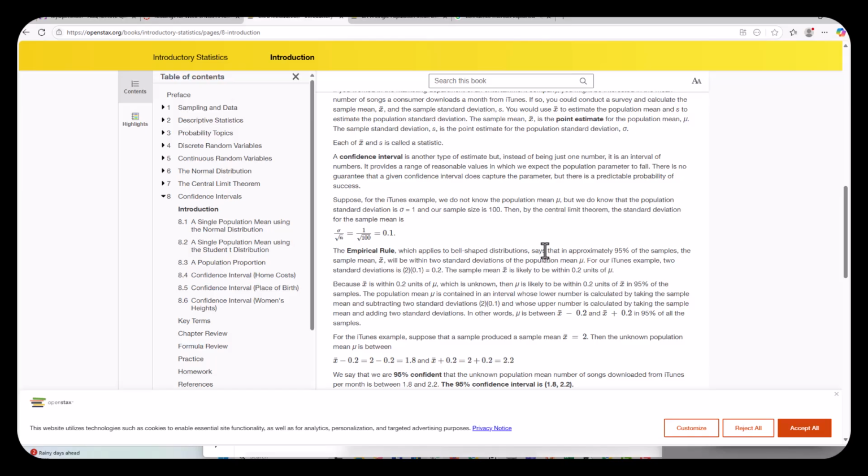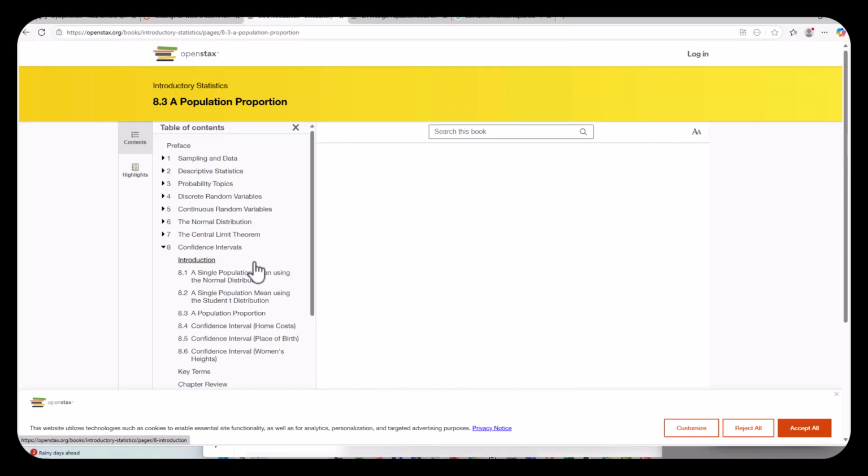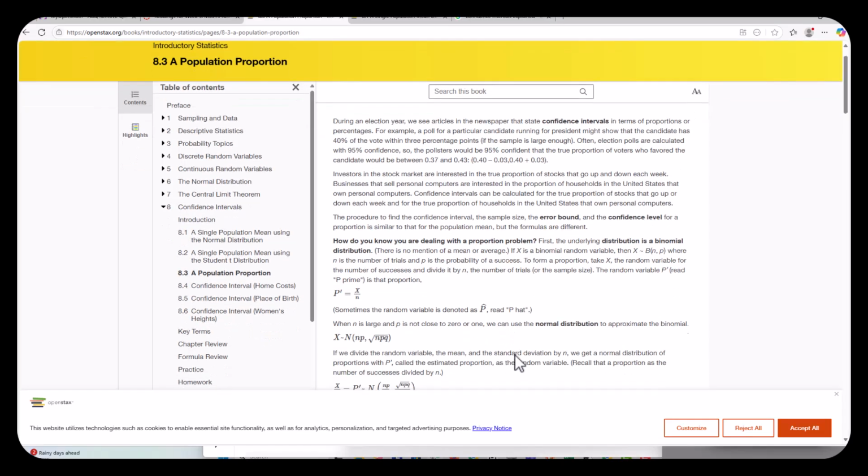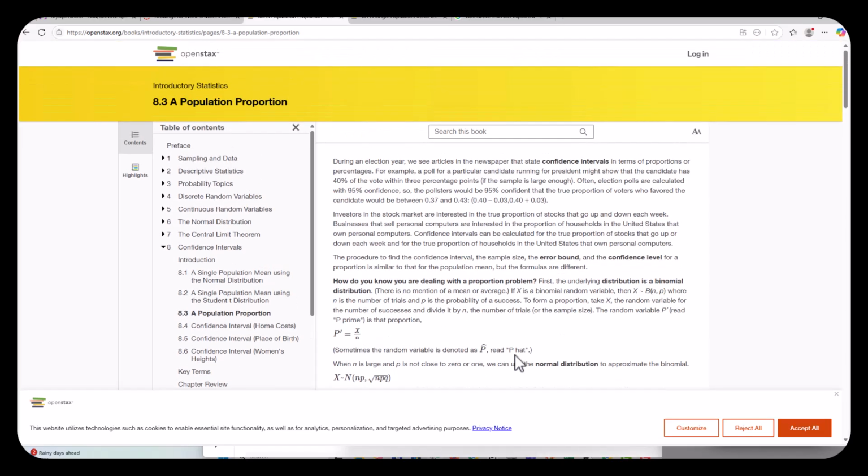This book uses p prime, but we'll mostly be using p hat, and that's a p with a little triangle over top of it. So make sure that you have read through. We're only going from 8.1, 8.2, and 8.3 is all you have to read for this section.